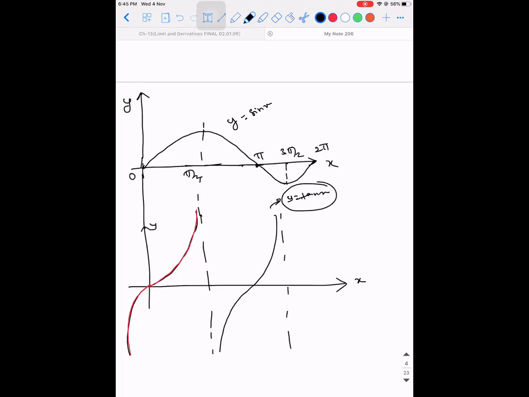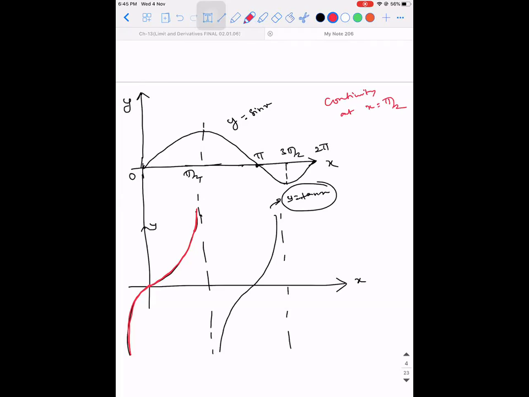So when I told that tan x is also continuous, what is the mistake I did? Tan x is continuous for sure in this region, but I'm talking about the continuity at which point. I'm interested to study the continuity at x is equal to pi by 2.